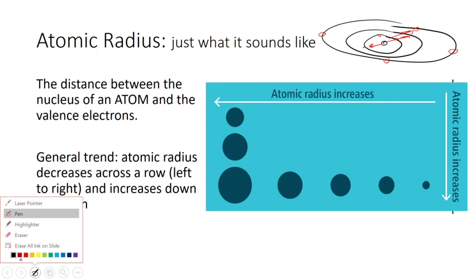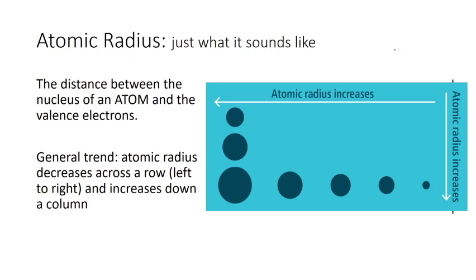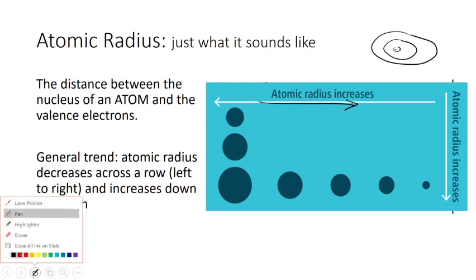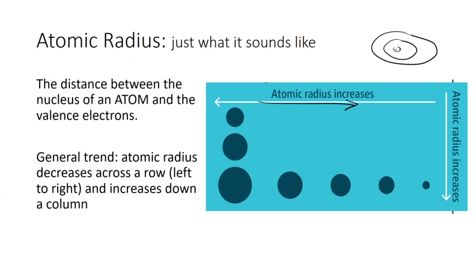Now, why the radius decreases as you go across is because remember that atomic number is related to the number of protons, right? So as you go across this way, you're adding electrons to this outer ring. So the electrons are not getting any further away. They're always at the same distance.